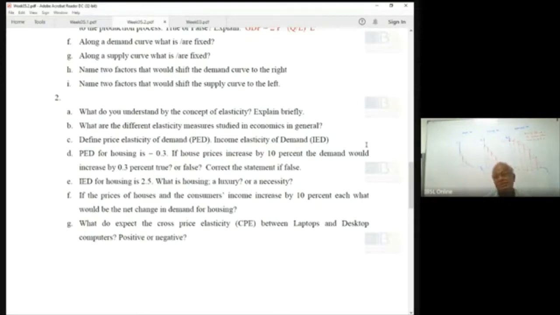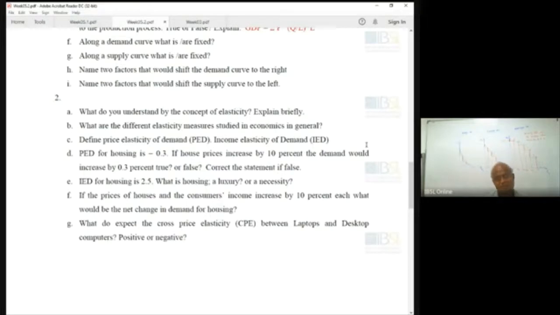Price elasticity of demand is always negative. Inelastic demand, minus 0.3. What does that mean? When price increases by 1%, quantity demanded decreases by only 0.3%. Inelastic. If price decreases by 1%, quantity demanded will increase by 0.3%.